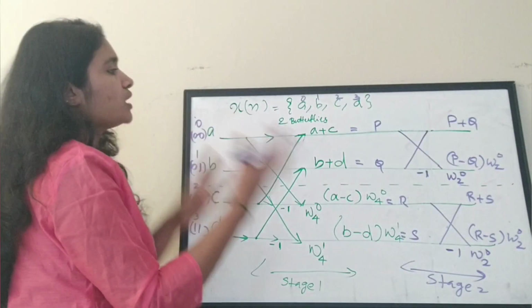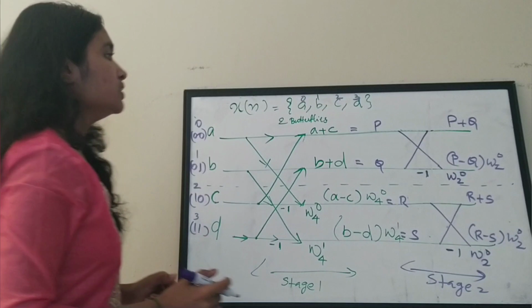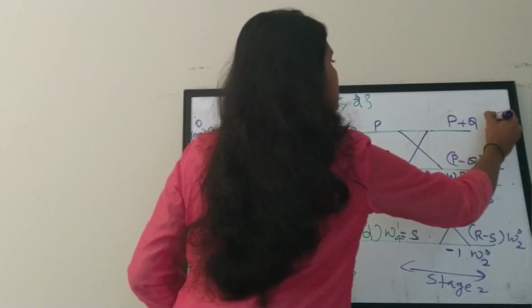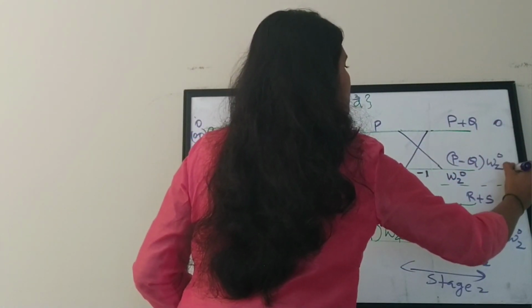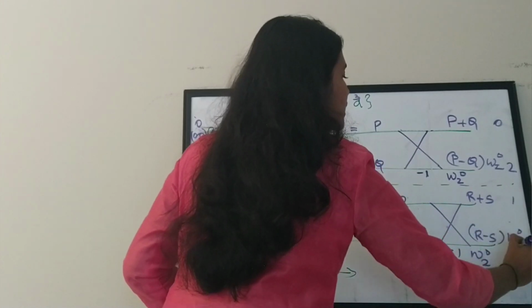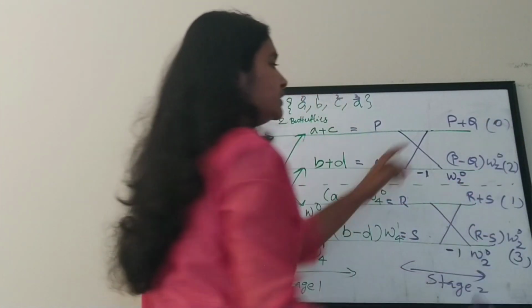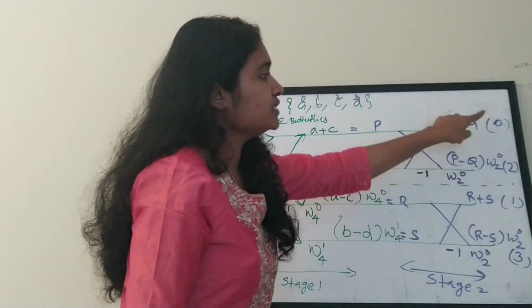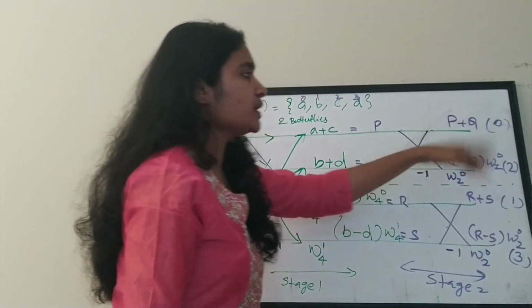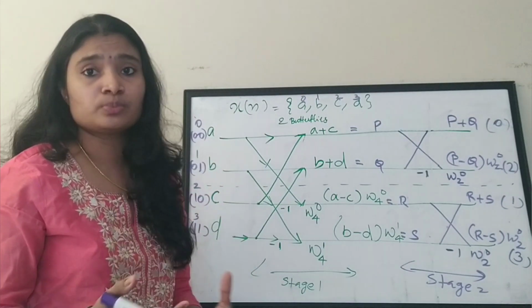So how will your output come? The output will be in the order 0, 2, 1 and 3. And here I am just writing the order of my output, not my output values, but the order of the output values.